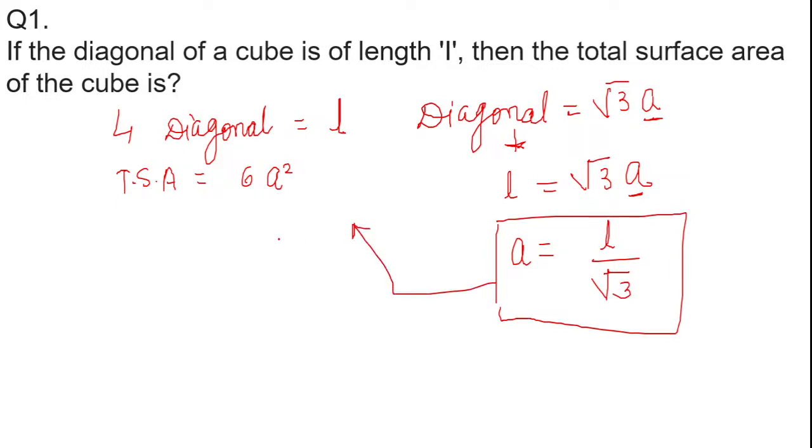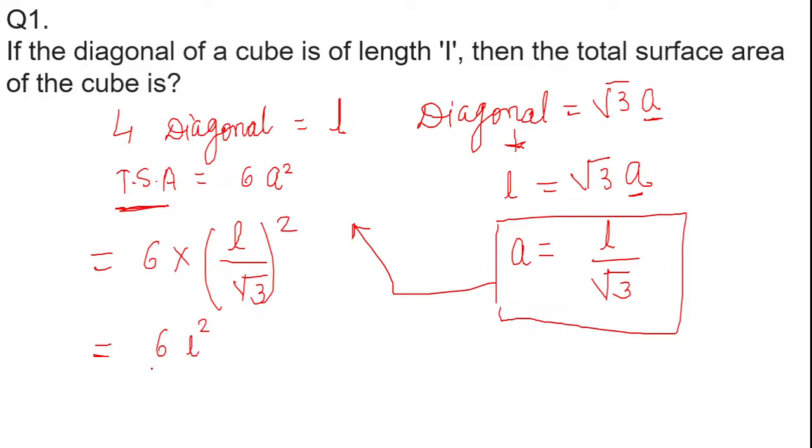Now putting this into the total surface area formula, I can get the total surface area of the cube. This is equal to 6 into a square. What is a? L upon root 3, squared. This gives me 6 L square divided by, now what is the square of root 3? Root 3 into root 3, right?